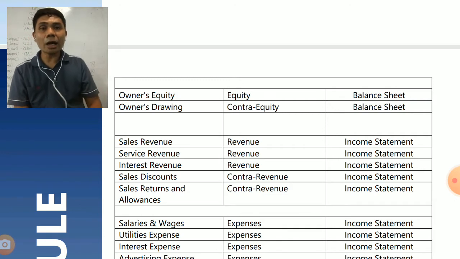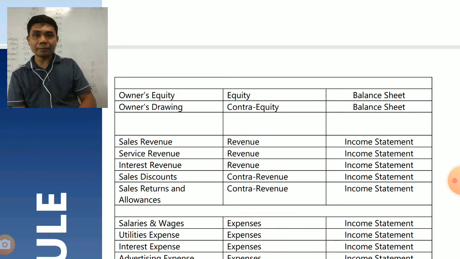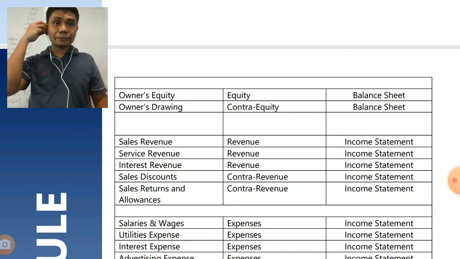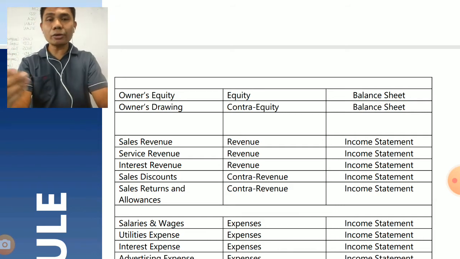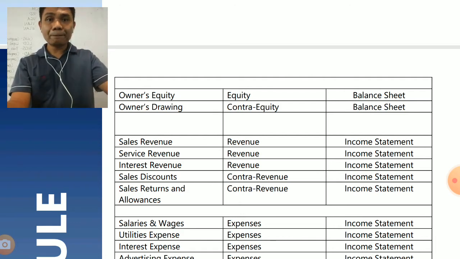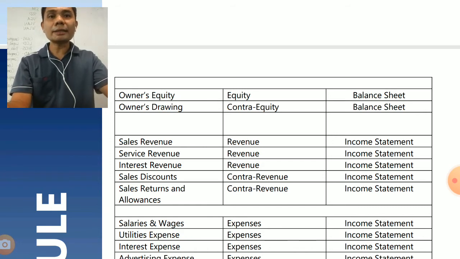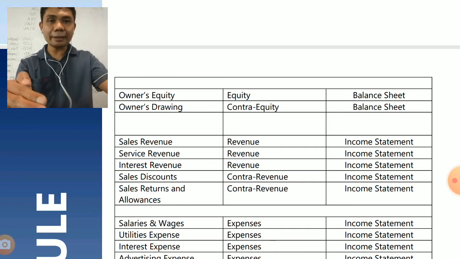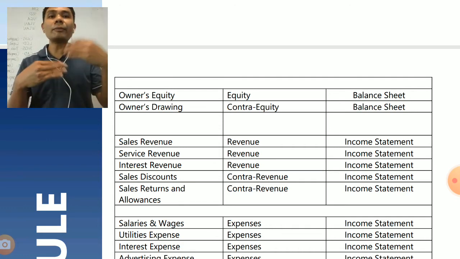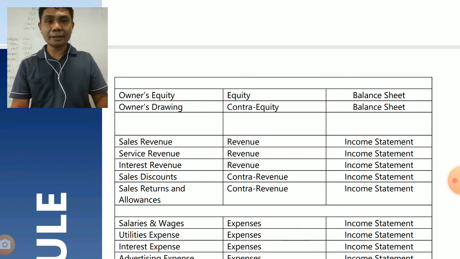So, another set of accounts are revenue or income accounts. Okay. Sales revenue, recognize ka og sales revenue kung nagbaligya ka og product. So, namaligya ka og tinapa sa diha. That's sales revenue, meaning halin. Service revenue, kung ang imong gibaligya is service.